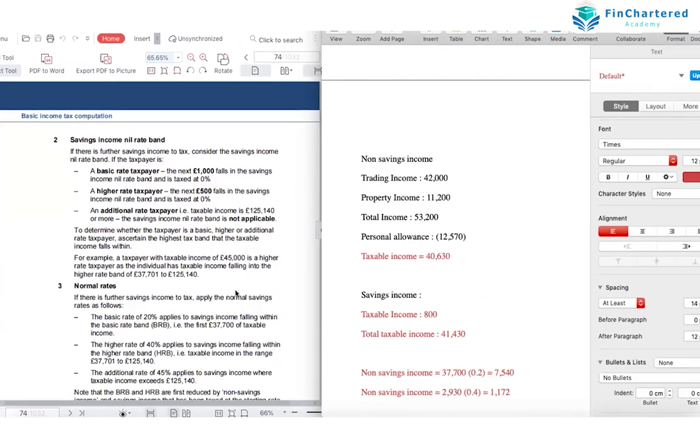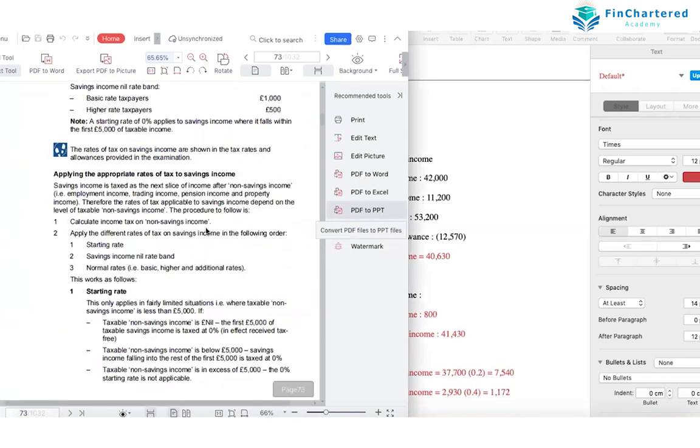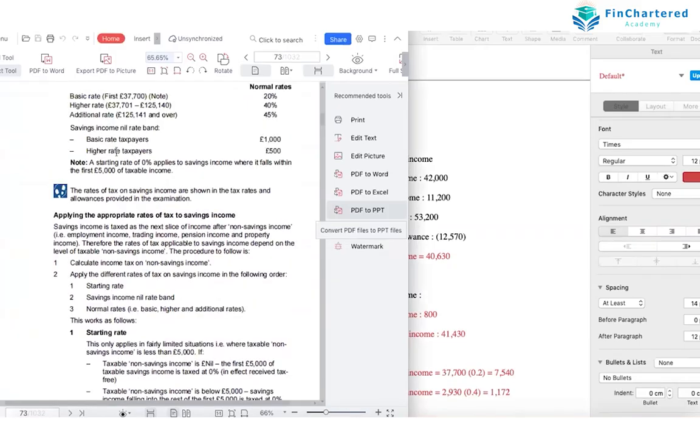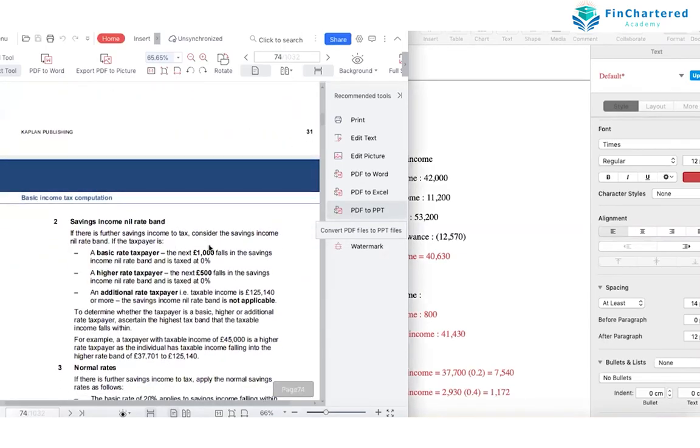For a higher rate taxpayer, the first 500, again, ignore the fact that we don't fall in this 5,000 category. The ones who are watching this recording for the first time should definitely watch the previous recordings where I explained all this in a lot of detail. Please don't watch further, go back and watch it. But again, for the higher rate taxpayer, the next 500 falls in the savings income nil rate band of 0%.